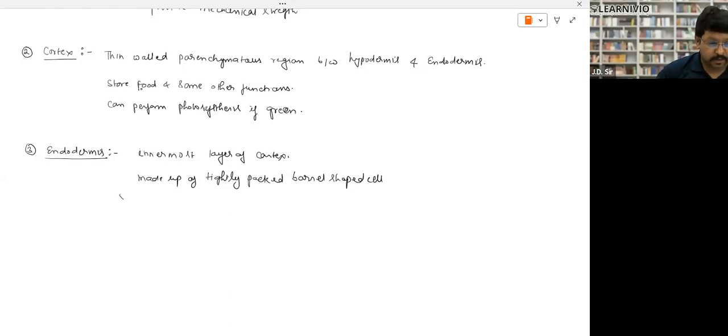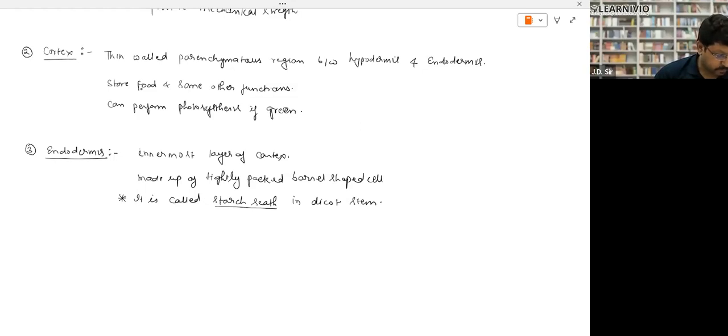This is very important. It is called starch sheath in case of dicot stem. This is also called starch sheath, that you need to remember, right?